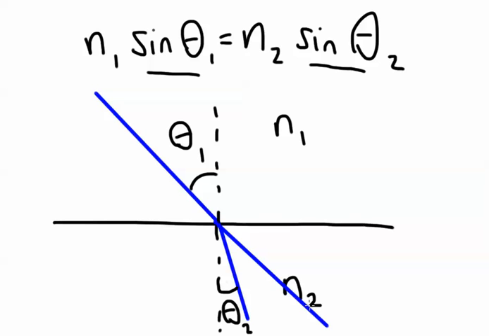But you can also see that in this picture n2 is bigger and theta 2 is smaller. So this equation tells you that for a given value of n1 and theta 1, the bigger the index of refraction n2 is, the smaller theta 2 is going to be.